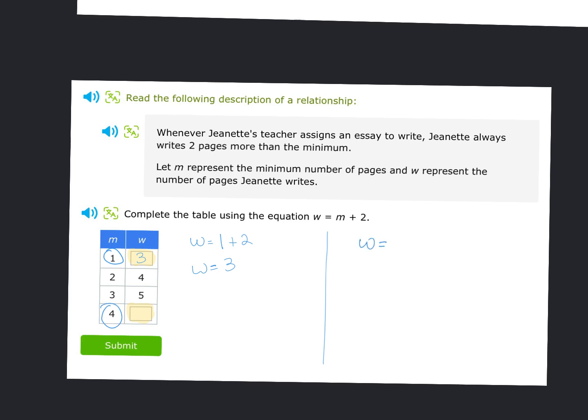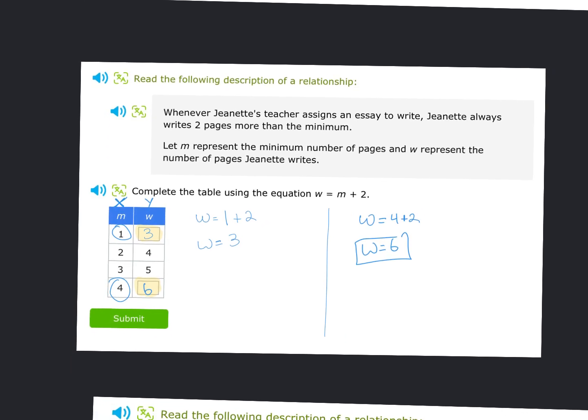So I have W is equal to 4 plus 2. And W gets me 6. And I input that there. So with these ones, be very careful to input the correct sides. Remember, X is your input, the Y column is your output. You put in, and then the right column are your dependent variables. It all depends on what we input.